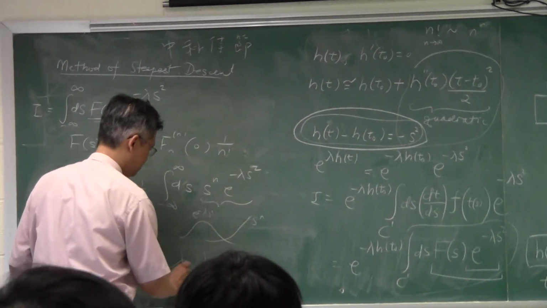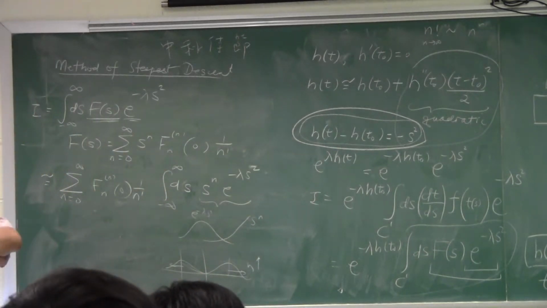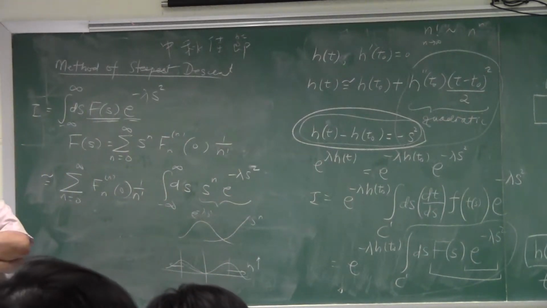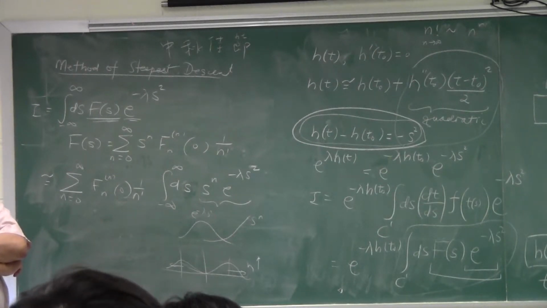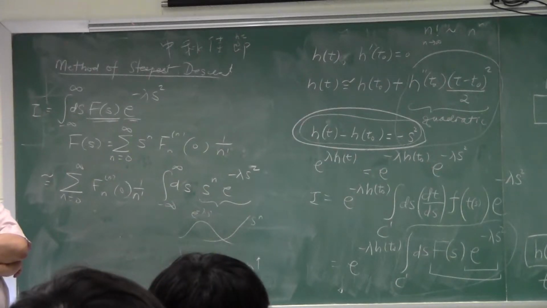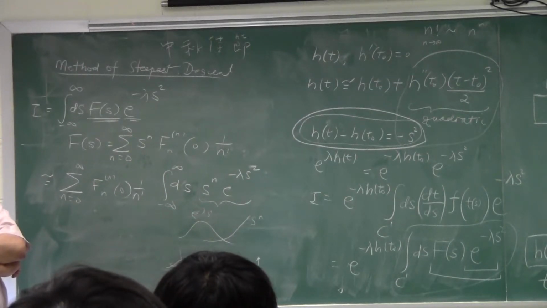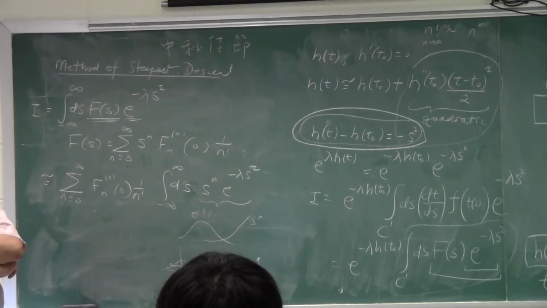This moves up when n increases. You can look at this picture. So what it tells you is that this series is useless after a while. It just brings in garbage as n becomes big, because you're trying to look for terms outside the radius of convergence of the series.